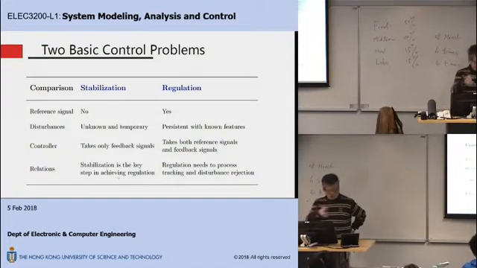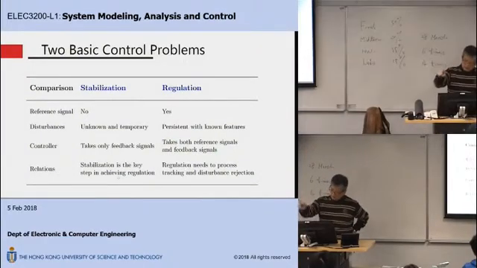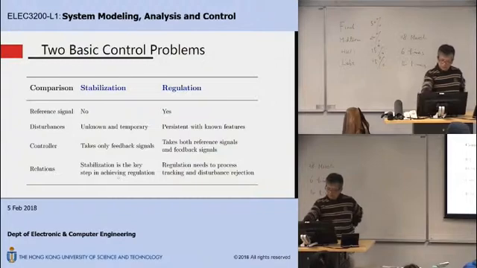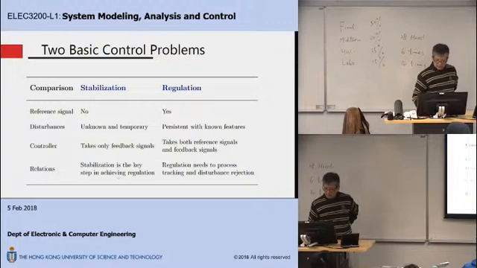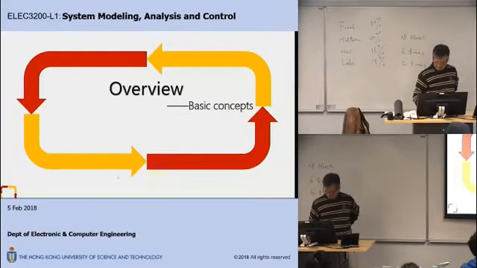So even without the reference signal, the regulation system has to work well. That's why you need stabilization. I think you can have a rough feeling of those things. Okay. We have a look at 2 real-life examples to capture some essential ideas in control.